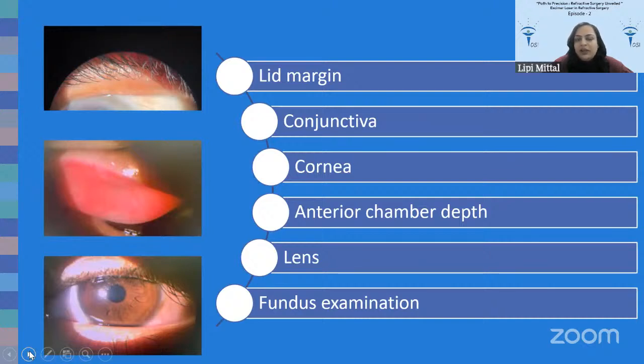Any blepharitis, meibomitis, conjunctivitis should be treated first before going for LASIK. Lenticular examination is very important, as early nuclear sclerosis or any lenticular opacity would lead to suboptimal visual results, and a detailed fundus examination, including the peripheral examination, as all the degenerative changes should be lasered first before going for LASIK.